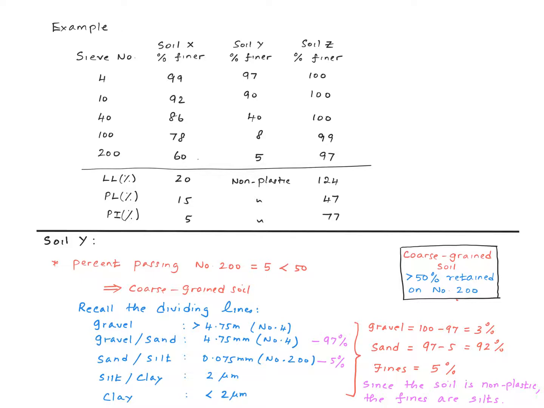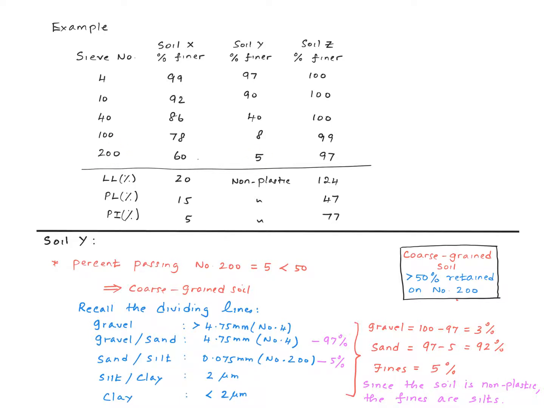In order to do this, let's go ahead and find the percent fraction of each soil type. Remember, these are the dividing lines. The gravel to sand dividing line is 4.75 millimeters, which corresponds to number 4. And sand to silt dividing line is 0.075 millimeters, which corresponds to number 200, right? And from the table we see the percentage corresponding to number 4 is 97, and the percentage corresponding to number 200 is 5.